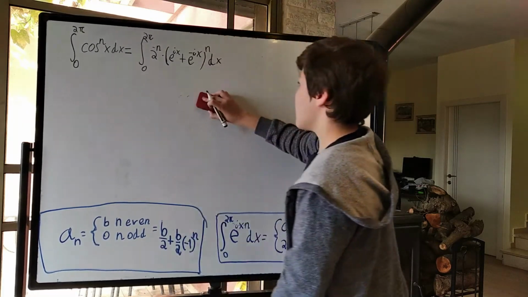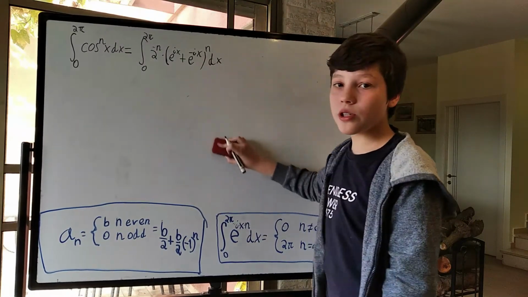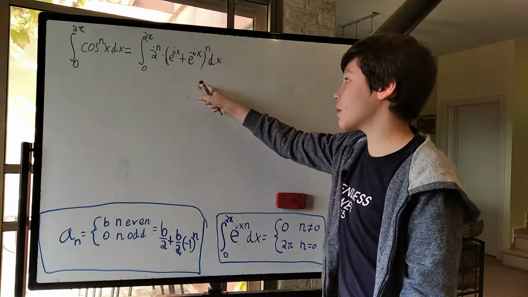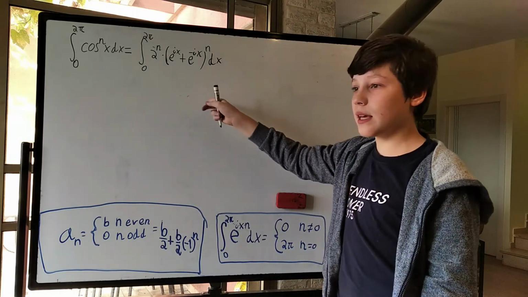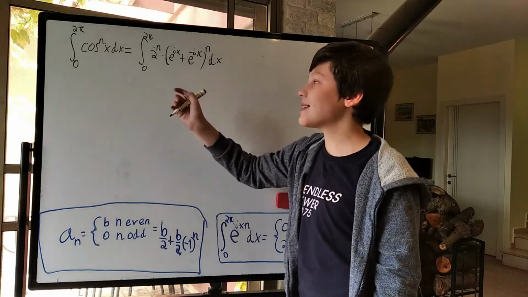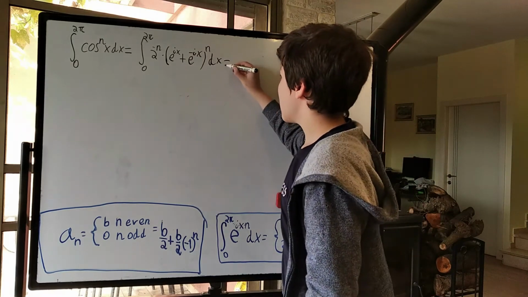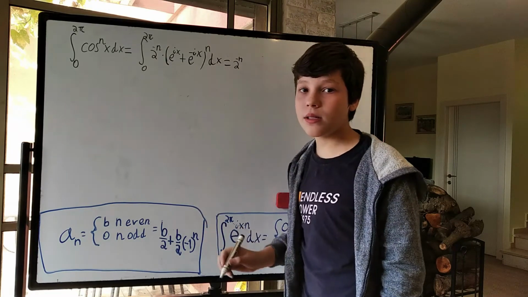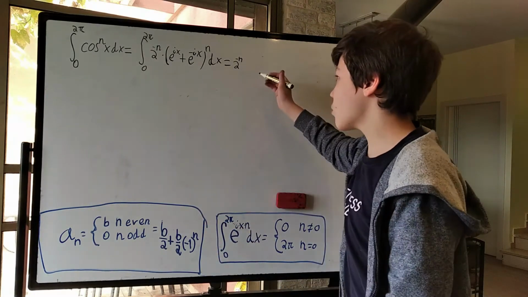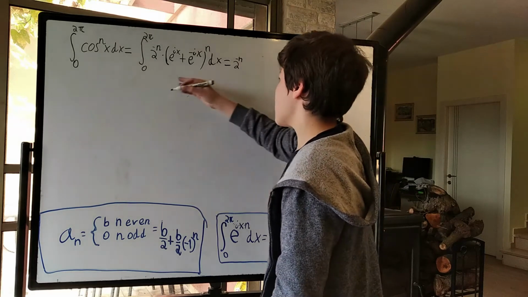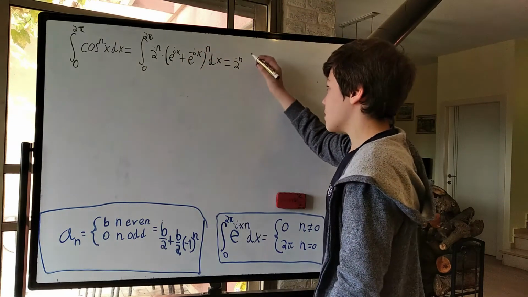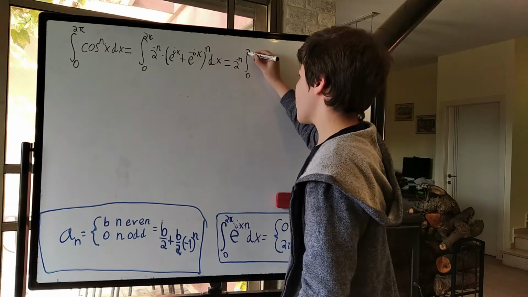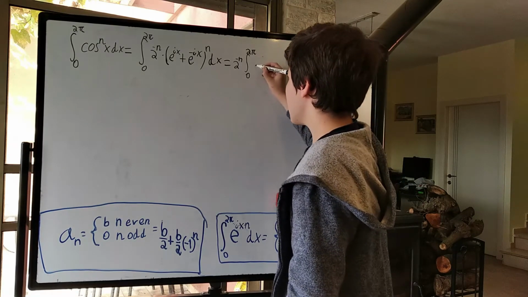Alright, now what we're going to do is use the formula for the sum of a binomial like this, a plus b to the n, a formula that we've established in the past. I'm going to take the 2 to the negative n out because it doesn't play a role in the integral. So 2 to the negative n times the integral from 0 to 2 pi.